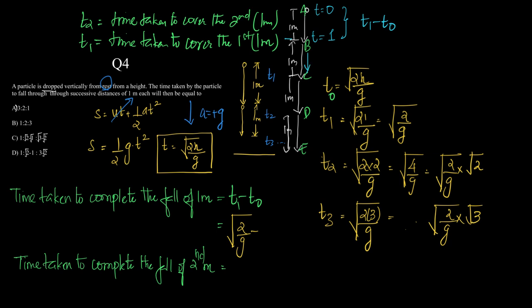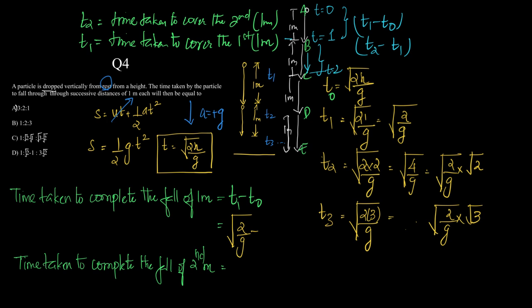Then from B to C, again it was in the air only for this much time, right? So at C, say it is time t is equal to 2, which means t is equal to 2 minus t is equal to 1, right? So t2 minus t1 is the time in which it has fallen the second 1 meter height, right?